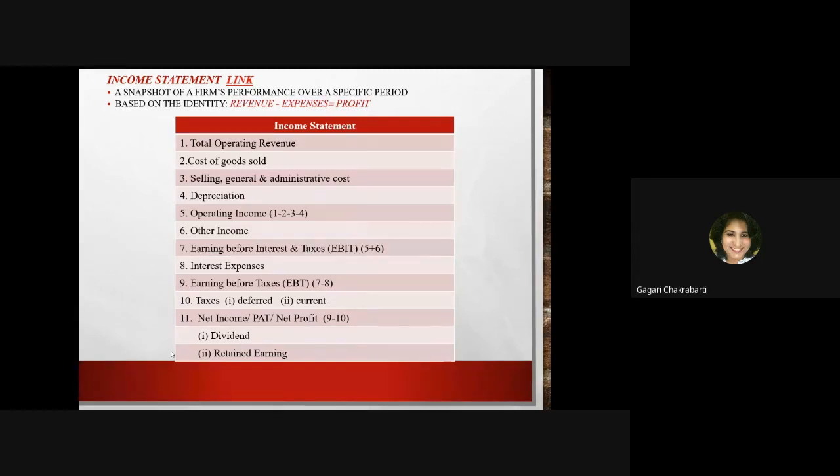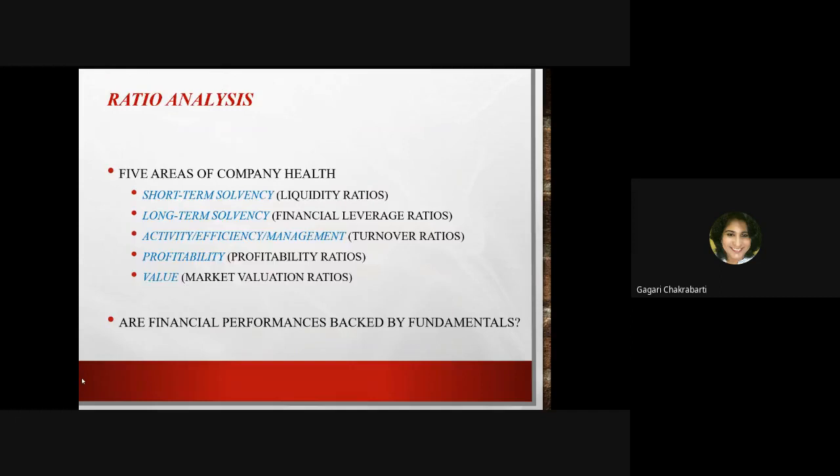Now, what is a green firm? A firm which is opting for green technologies and green processes of production should be emphasized more, and as a result, their prices will be significantly higher in the stock market. And this is what we are seeing here in real life. Okay, so I shall be coming to that later on. Now, before we move on to the ratio analysis, is there any question?